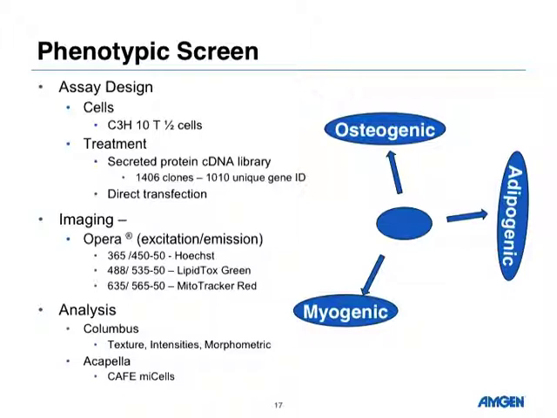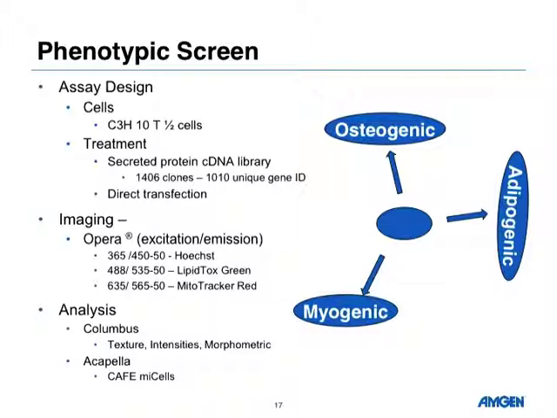We were interested in the ability of soluble proteins to change the direction of development of these cells. So for our treatment, we used a secreted protein cDNA library, which has 1,400 clones and about 1,000 unique gene IDs. We've been doing this either with direct transfection or a supernatant transfer.